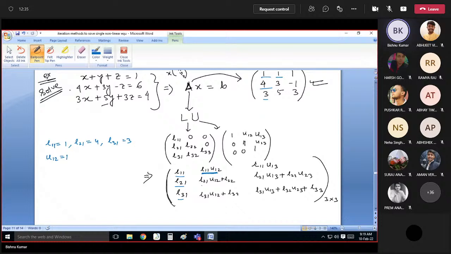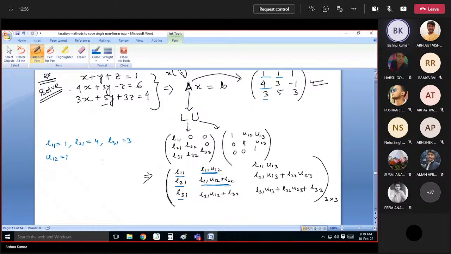So from this, you can get some other value. You just see and check. L21 is 4, U12 is -1. So you just see if this value is minus. You just check and verify.